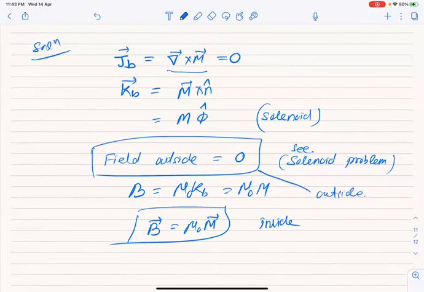Okay, so that's a very simple example to show you how, given a magnetization, you can calculate the field due to the magnetization. Maybe we can take up one or two problems in the discussion class regarding this, and that will complete the discussion regarding the field of a magnetized object.